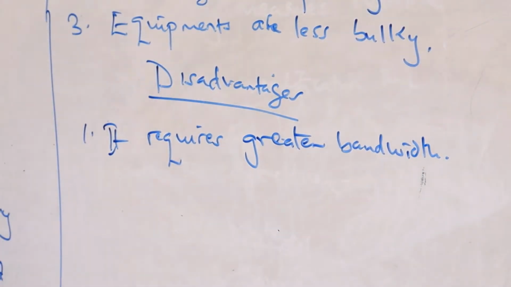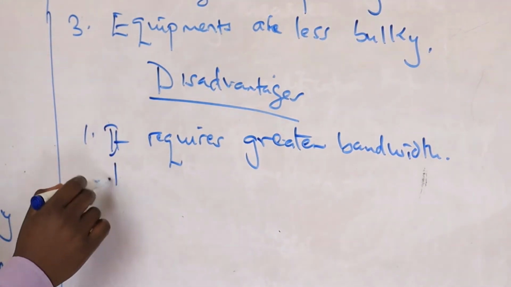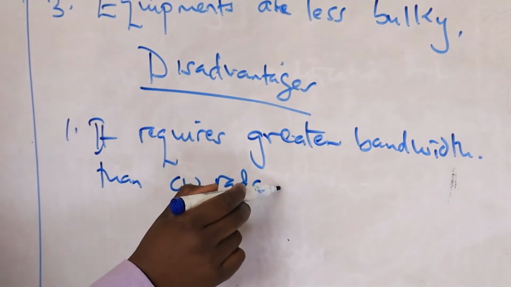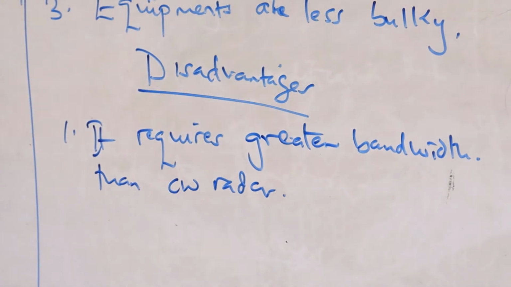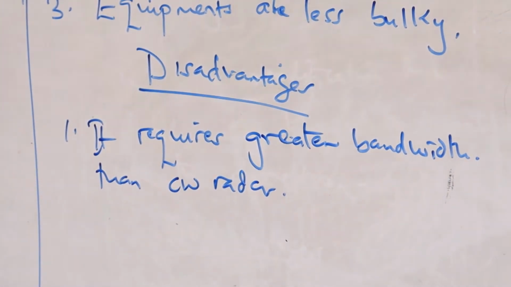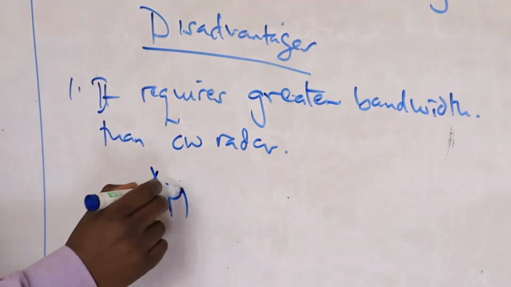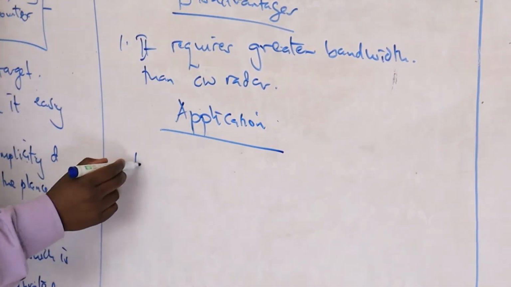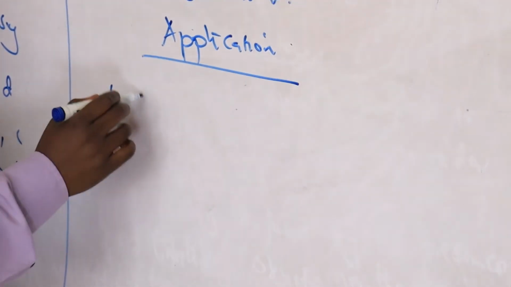That's the main disadvantage. It requires greater bandwidth than CW radar. This is basically because of the modulation that it uses. Then we're going to talk also of application. Where do we find this type of radar system? In terms of application, we have the radar altimeter.